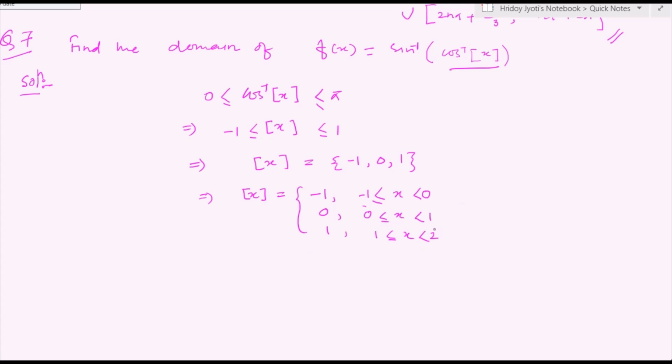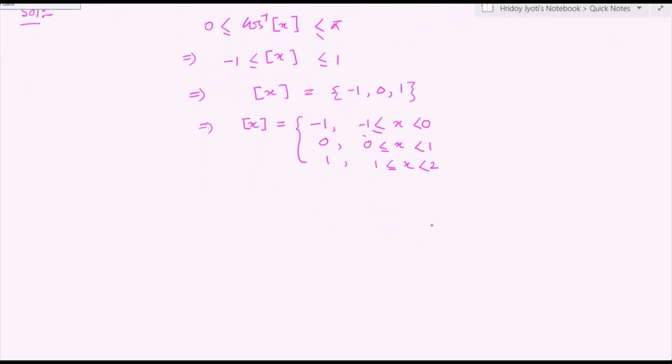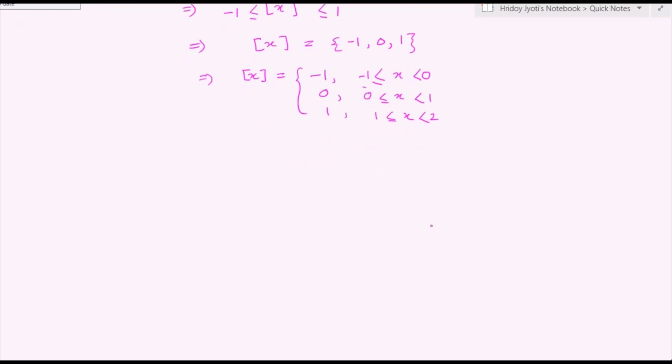Now we'll make 3 cases and check which values of x satisfy the given function. Case 1, when GIF of x is -1, that is x is lying between -1 to 0.